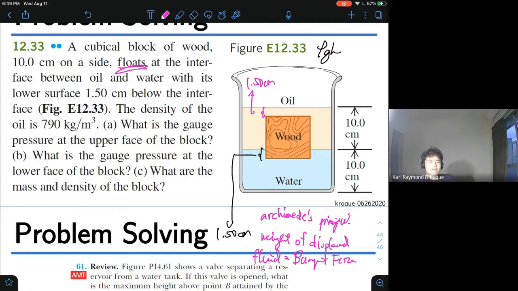O sige, pag mag-glue. Dito, saan nagagaling yung pressure? Sa water lang ba or pati yung oil? Yun pa yung isa kong tanong sa inyo.